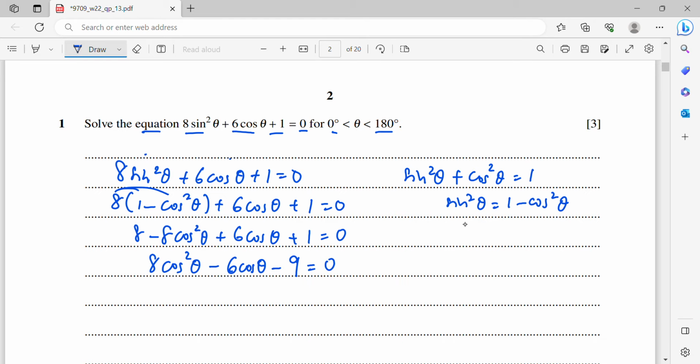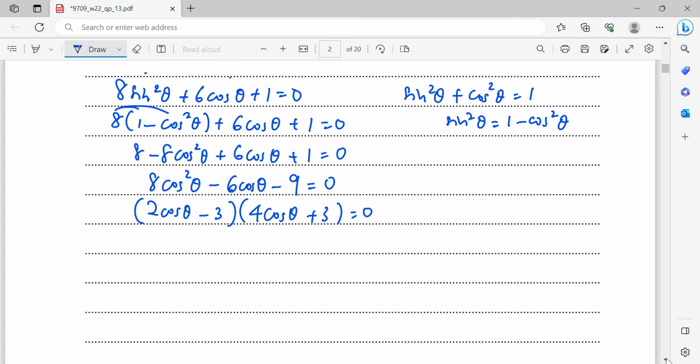Cool. So now by factorizing this quadratic equation, we will be getting 2 cos theta minus 3 multiplied by 4 cos theta plus 3 equals 0. Okay, so now the multiplication of these two factors equals 0 means that one of the factors must be 0.